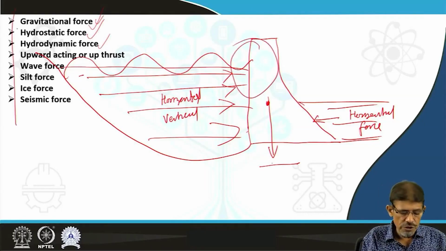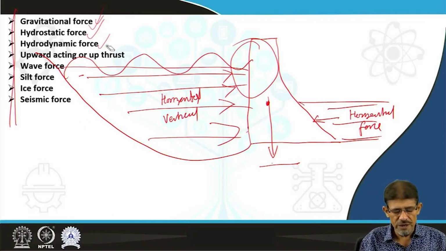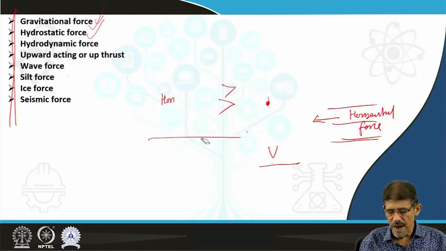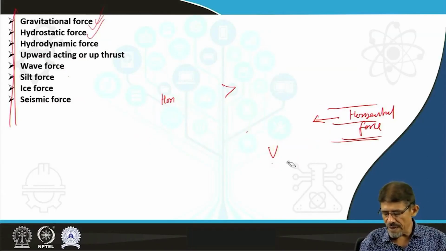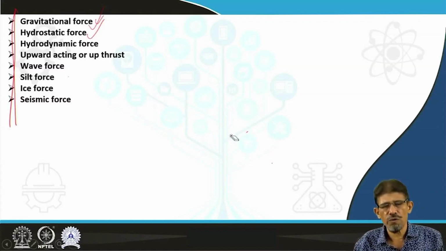So these expected forces are going to affect the stability of the dam, and the dam finally falls under failure, toppling or sliding.